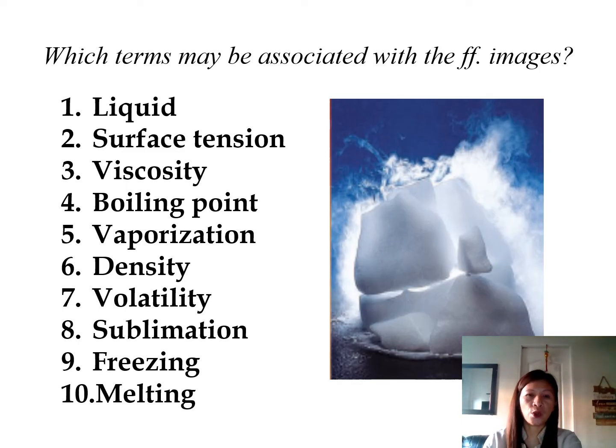We can also associate volatility for as long as you have liquid. What else? Sublimation, because solid seems to turn to gas. Freezing, because this seems to be a frozen liquid. And melting, because this is a frozen liquid, it may be assumed to be melting.